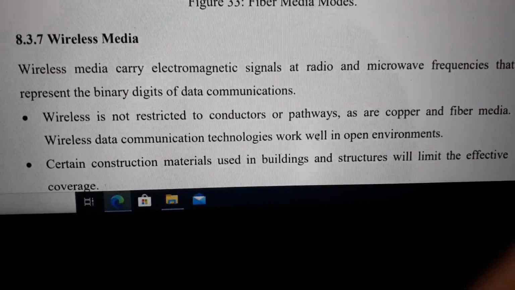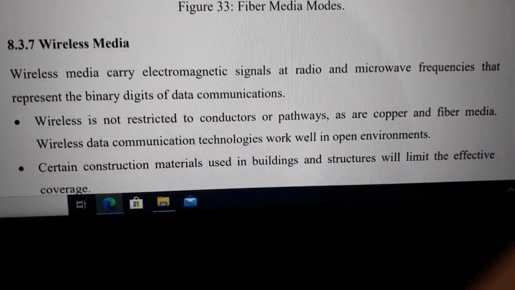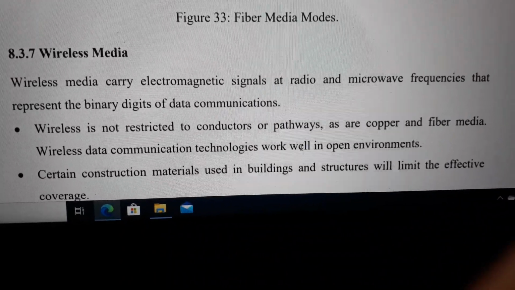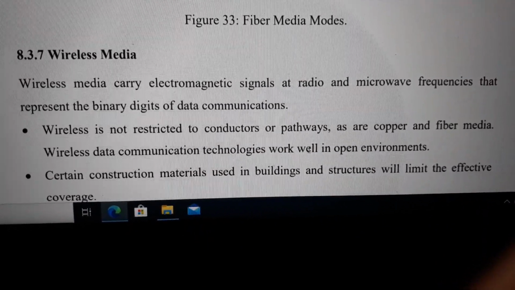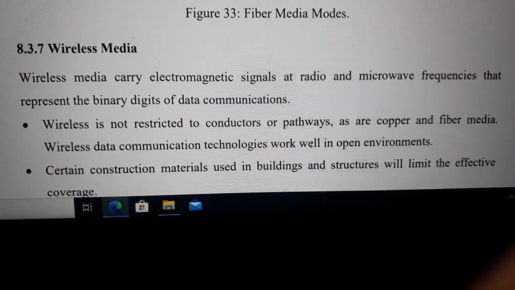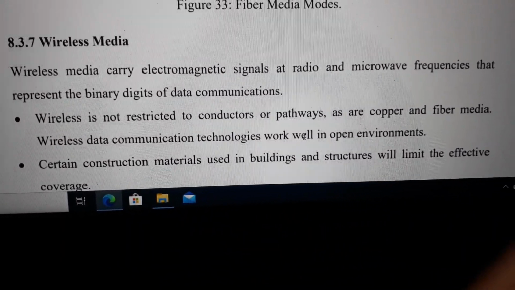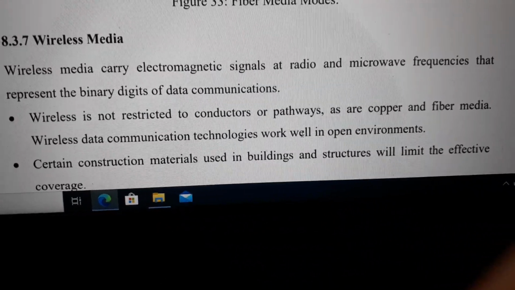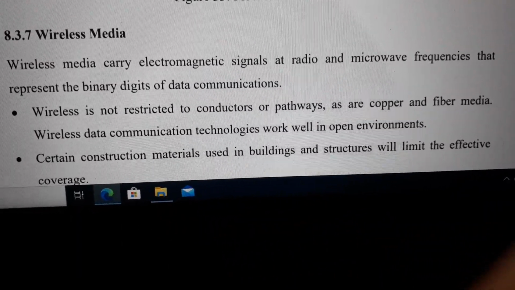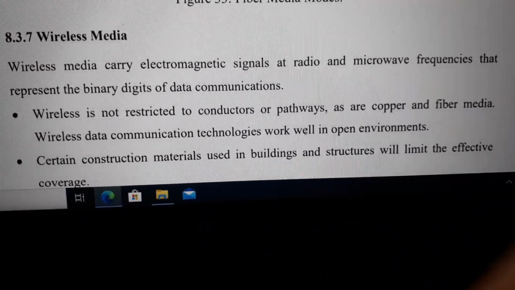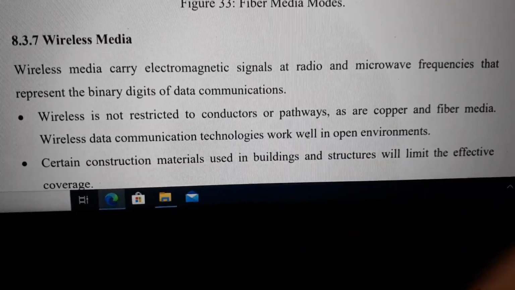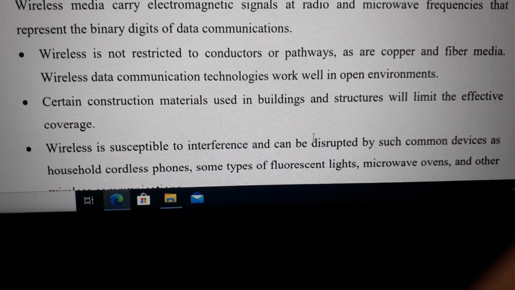Wireless media carry electromagnetic signals at radio and microwave frequencies that represent the binary digits of data communication. Wireless is not restricted to conductors or pathways as are copper and fiber media. Wireless data communication technologies work well in open environments.